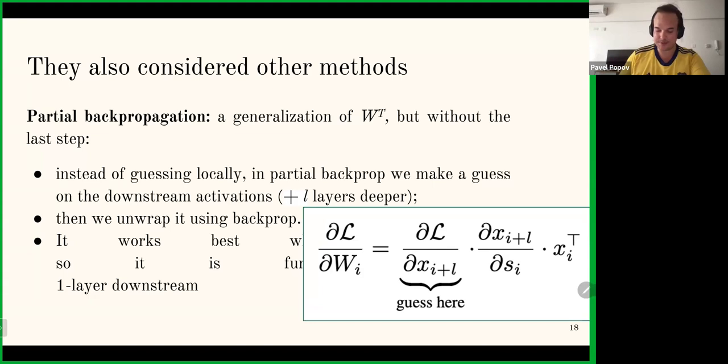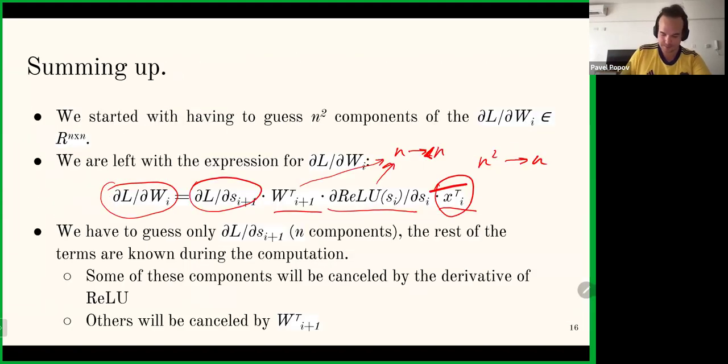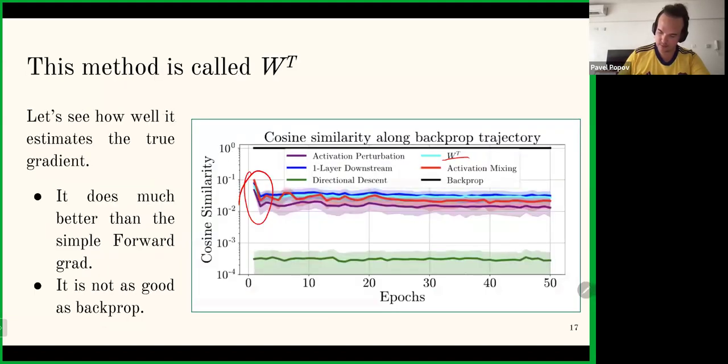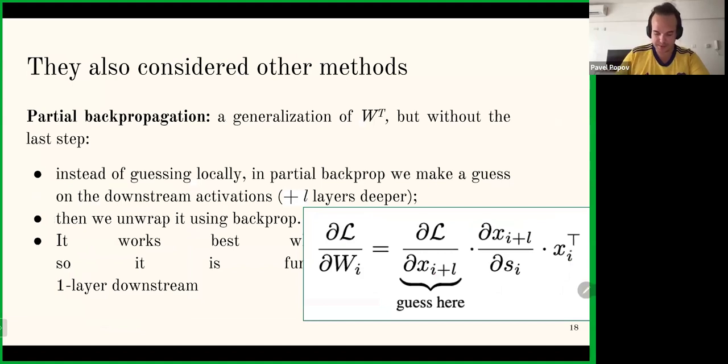But instead of doing all these steps, they just make one guess on some downstream layers and then backpropagate this guess to the upper layers and make the guess on the gradient this way. Is it clear or not?